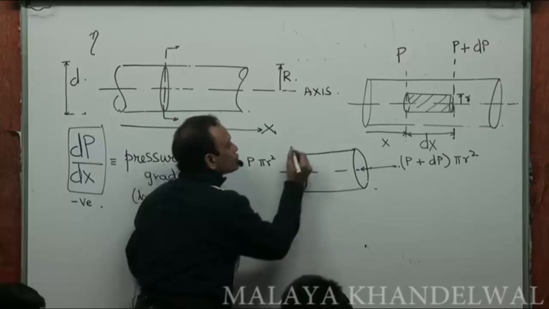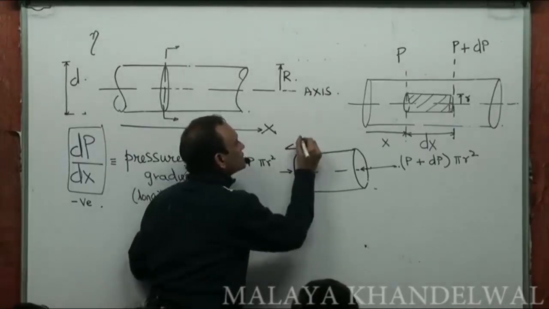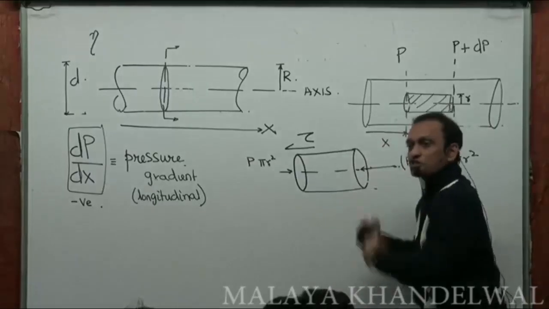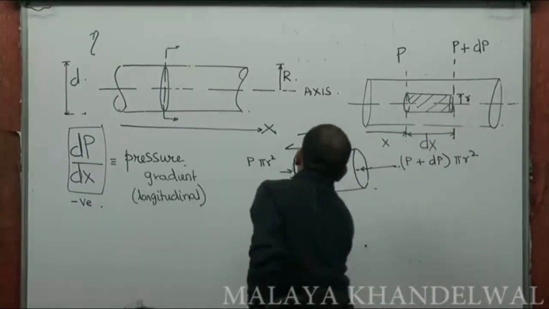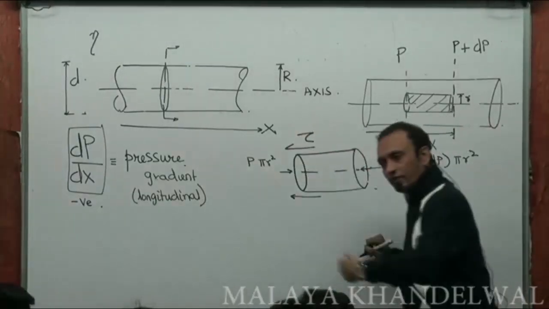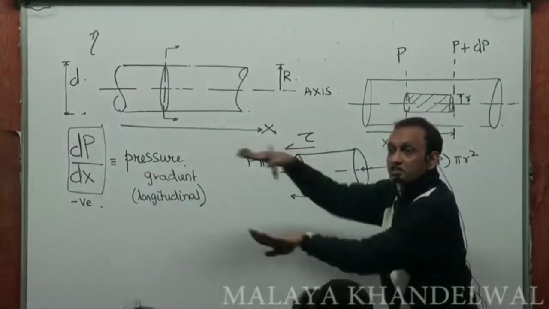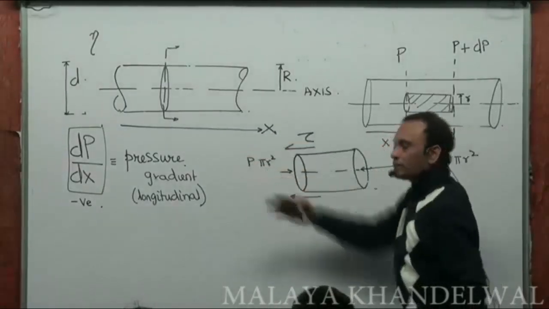Now, for sure, if tau is the shear stress acting on the curved surface because of the surrounding fluid, that will act in this longitudinal direction. It's shearing, it's opposing relative motion, right?